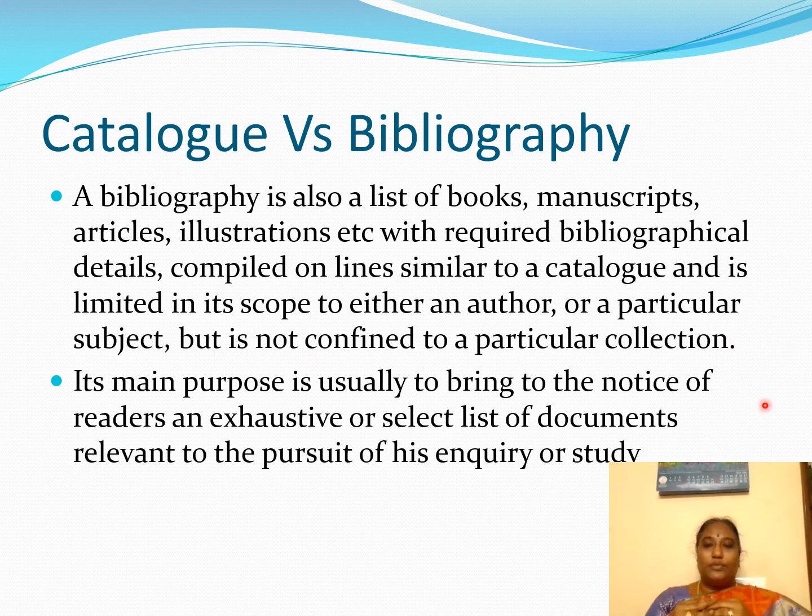There are different types of bibliographies, like author, subject and title bibliographies. This bibliography is also a list of books, as well as other articles, illustrations, and manuscripts.